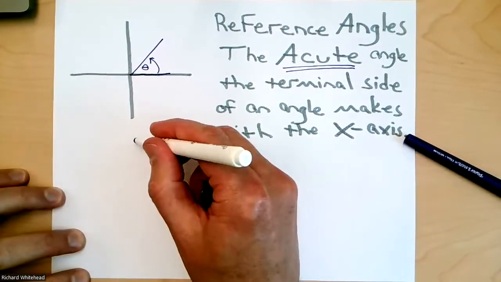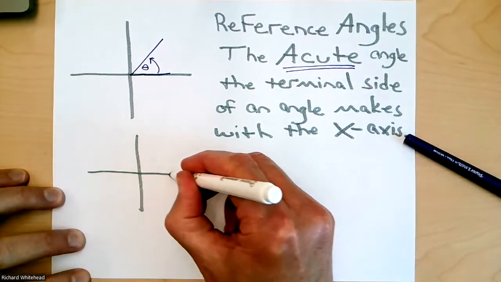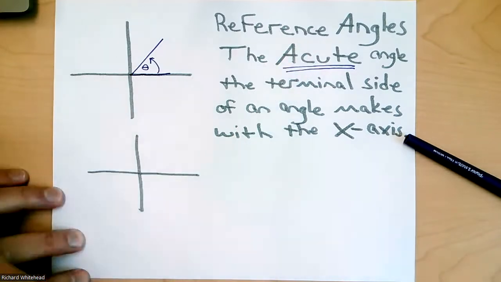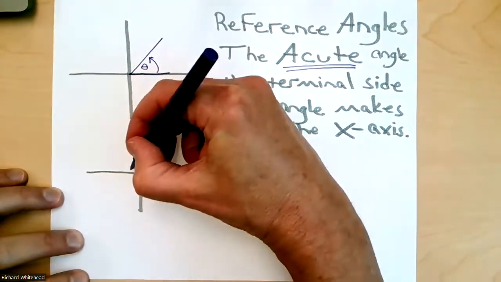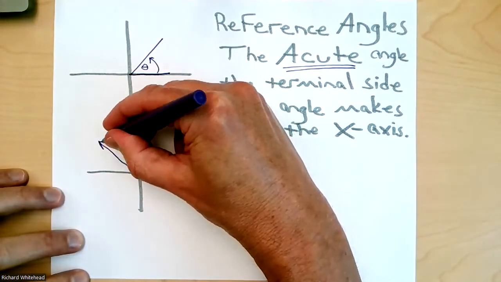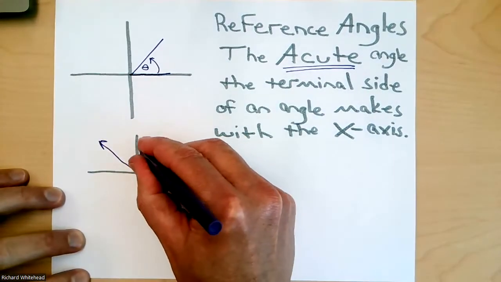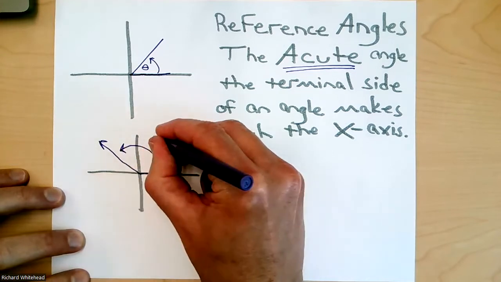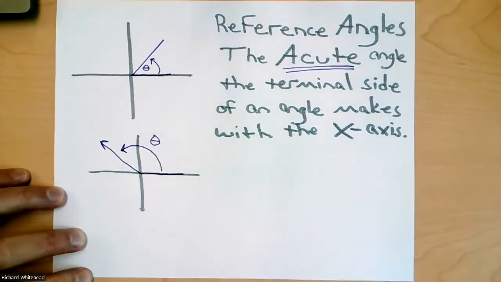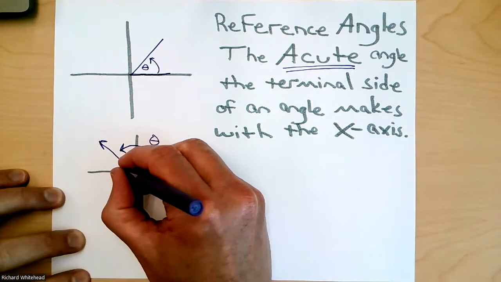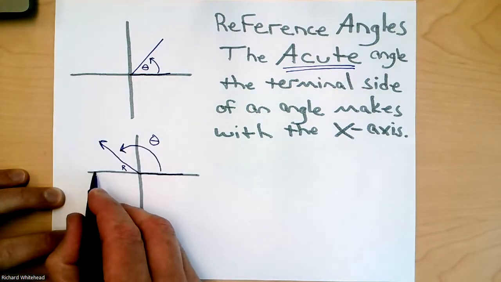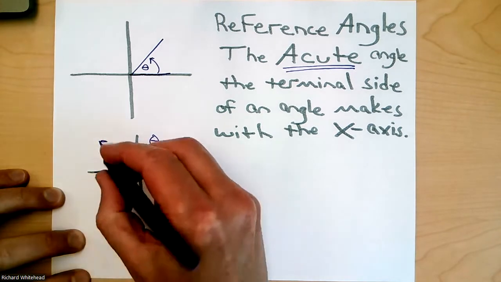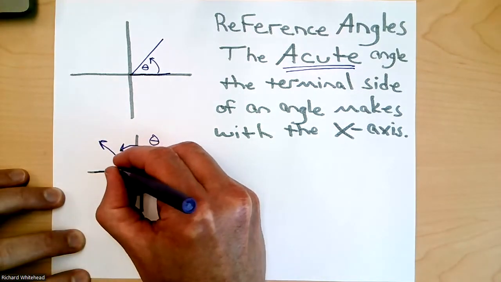Now, here's where this is going to be a big deal, and we are going to spend a lot of time on this. If I draw a big old angle like that, say, there's my angle theta right there, then this guy right here becomes the reference angle. It's the angle you make with the x-axis.